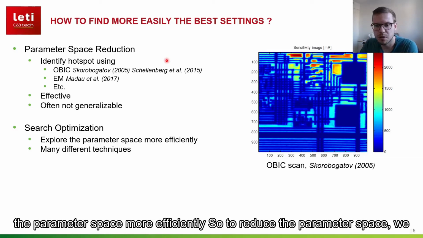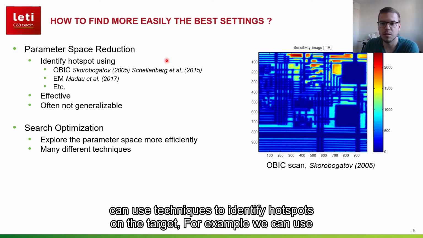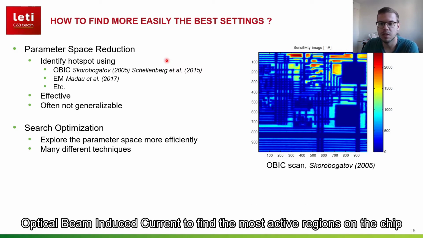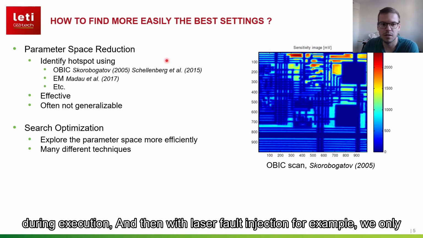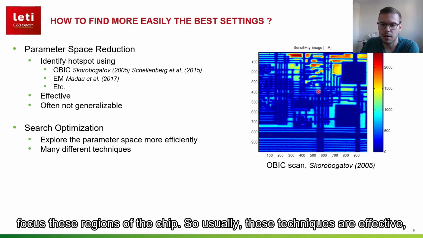So to reduce the parameter space, we can use techniques to identify hotspots on the target. For example, we can use the optical beam induced current to find the most active regions of the chip during execution. And then with laser fault injection, for example, we only focus on this region of the chip.